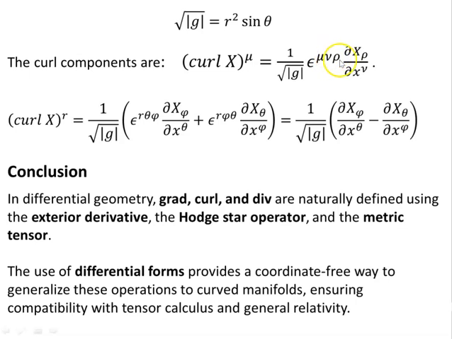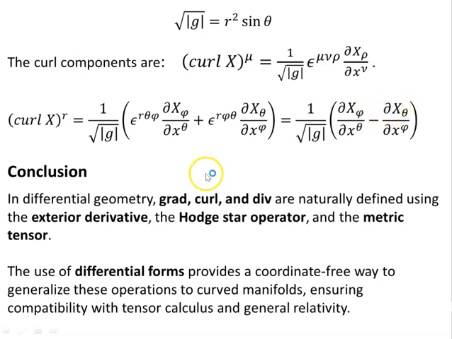So r theta phi gives us +1, but an odd permutation would be r phi theta, where theta and phi have been interchanged. That will give us a negative because it's an odd permutation. And so r theta phi is plus, but r phi theta is negative, and then you have these partial derivatives here.